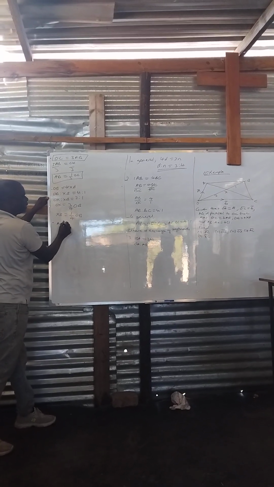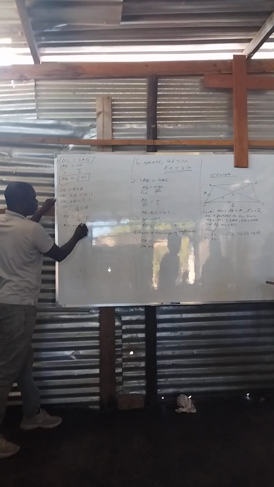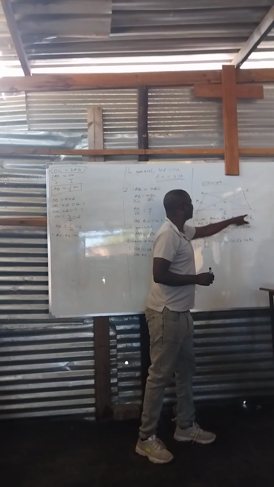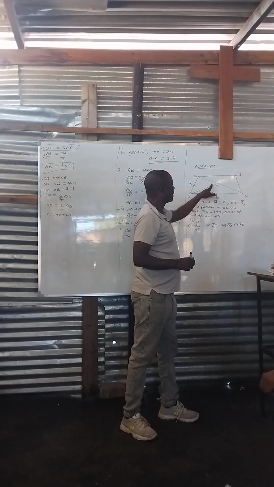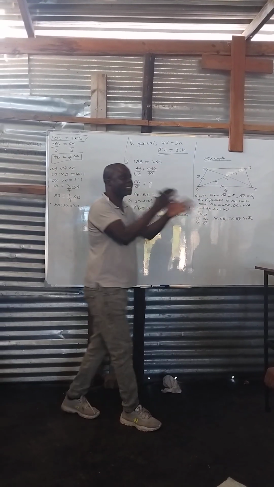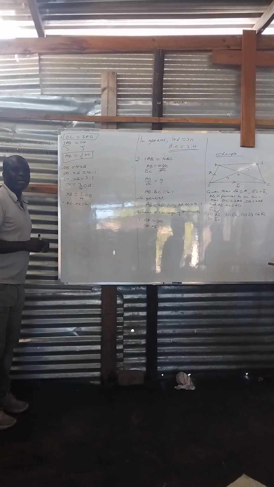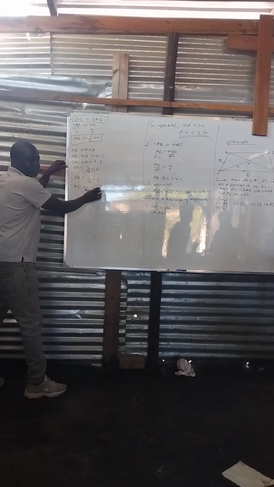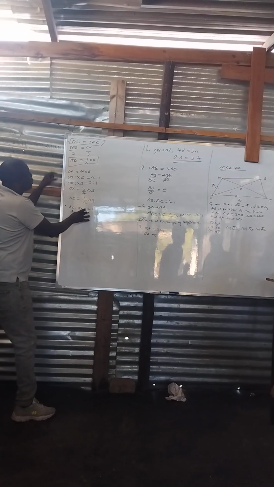AC to AX is equal to 4 to 1. You want to get this smaller than this, so we adjust the ratio.